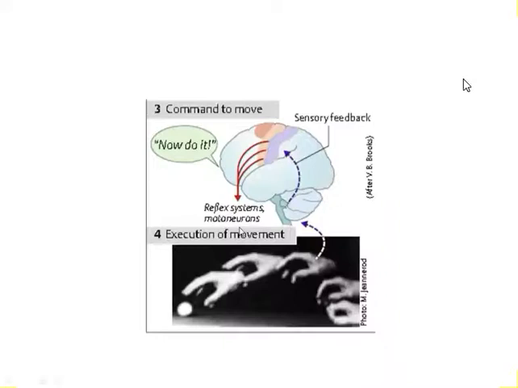Am I clear? You should not forget that the basal ganglia is involved in planning and programming of voluntary movement. This is the most important. Planning and programming. And one component of the cerebellum, the cerebrocerebellum, is also involved in planning and programming.